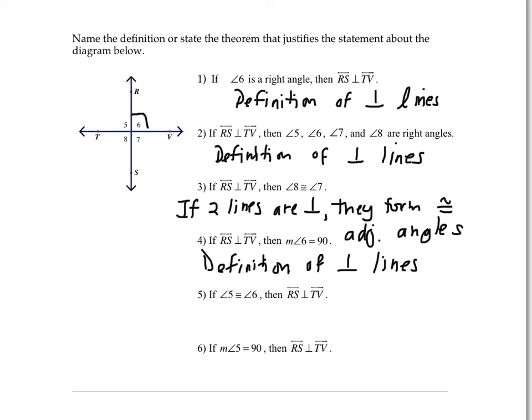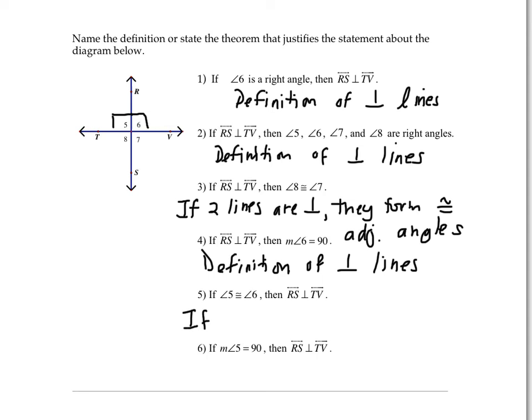And number 5, it says, if angle 5 is congruent to angle 6, then we get to conclude that line RS is perpendicular to TV. So check out angle 5 and angle 6 in the picture. And what you should notice is that they're congruent, they're adjacent, and if we have two lines that intersect to form congruent adjacent angles, then the lines are perpendicular. And again, that's a theorem from the previous page.